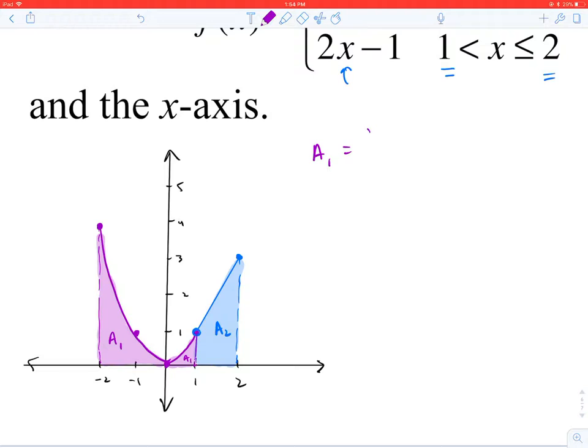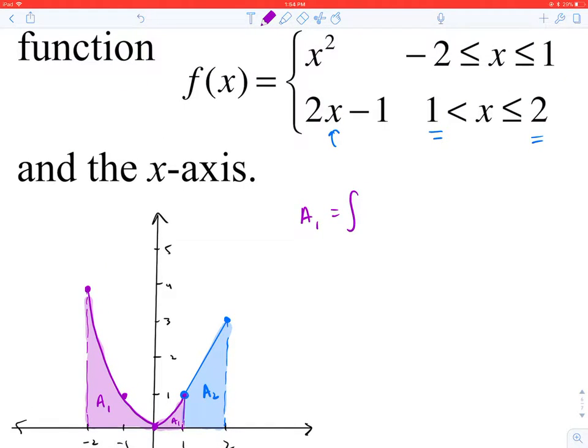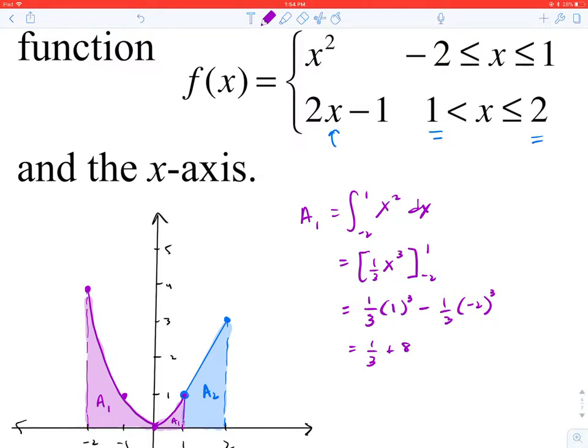Okay, so to find the first area, that'll be the integral from -2 to 1 of x squared. So it's 1/3 x cubed from -2 to 1. So that ends up being 1/3 plus 8/3, which is 9/3 or 3.